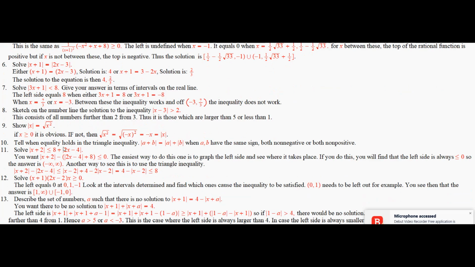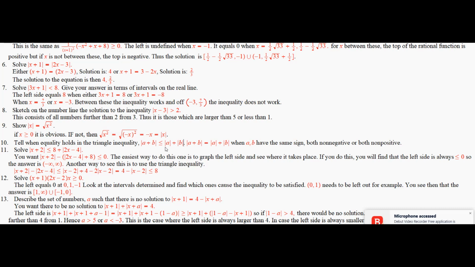All right, tell when equality holds in the triangle inequality. All right, here's what happens. In general, instead of an equation here, remember the triangle inequality said this was smaller than or equal to a plus b. Okay? Now, I think I gave you probably an example. If a is 1 and b is -1, you get 0 here, you get 2 here.